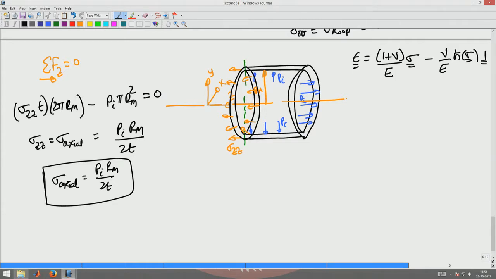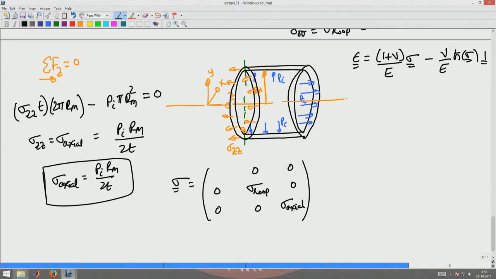What about the radial stress? The shear stresses are 0. So, I know that this is 0, this is 0, this is 0, I know this is the hoop or circumferential stress, this is 0, 0, 0, and sigma axial stress is what is here, sigma ZZ. What about the radial stress?